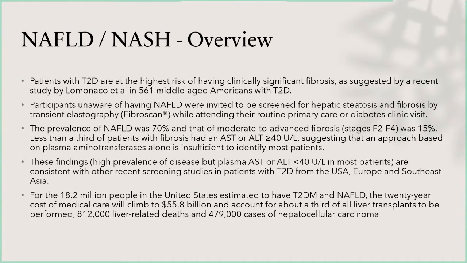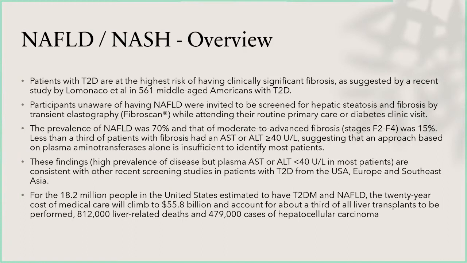So the prevalence of NAFLD was 70%, and that of moderate to advanced fibrosis was 15% in this group of patients. And one of the other things that we have to remember is that less than a third of these patients with fibrosis had AST and ALT that were elevated. So if you're focusing only on the liver enzymes, we're going to miss this.